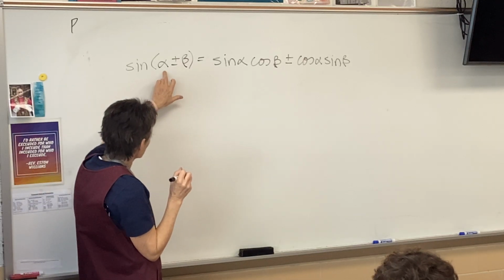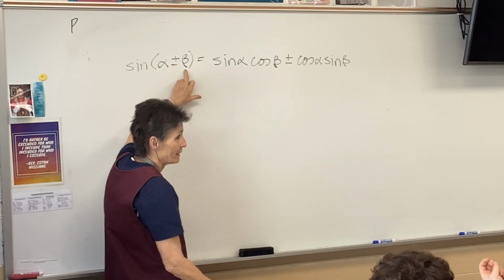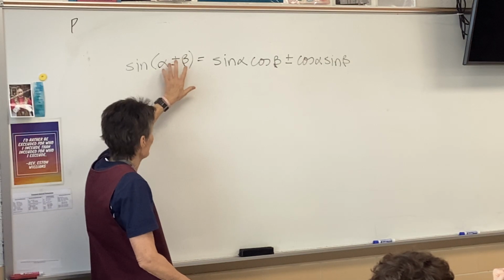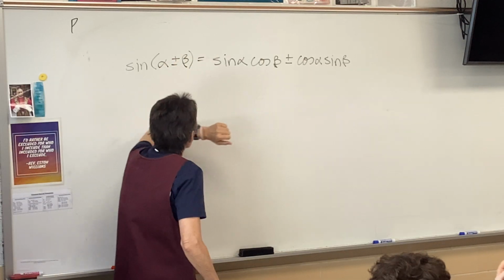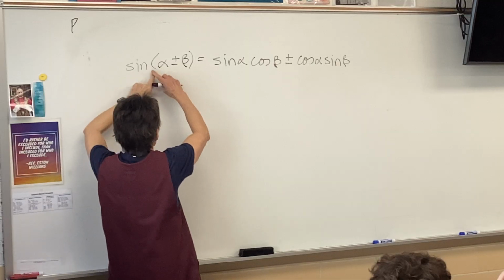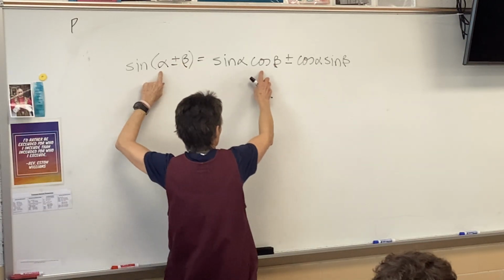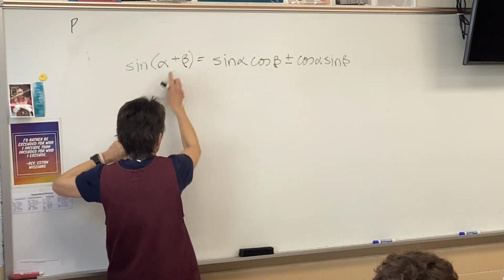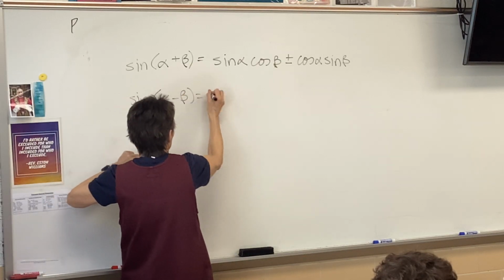So you have a first and a second angle. He's calling them alpha and beta. That's what they're usually called, but they don't have to be. You can call them X and Y, A and B, whatever you want. Notice that if we're doing alpha plus beta, we're doing sine cosine plus cosine sine. That's what this notation means. I don't want you to get confused by that.